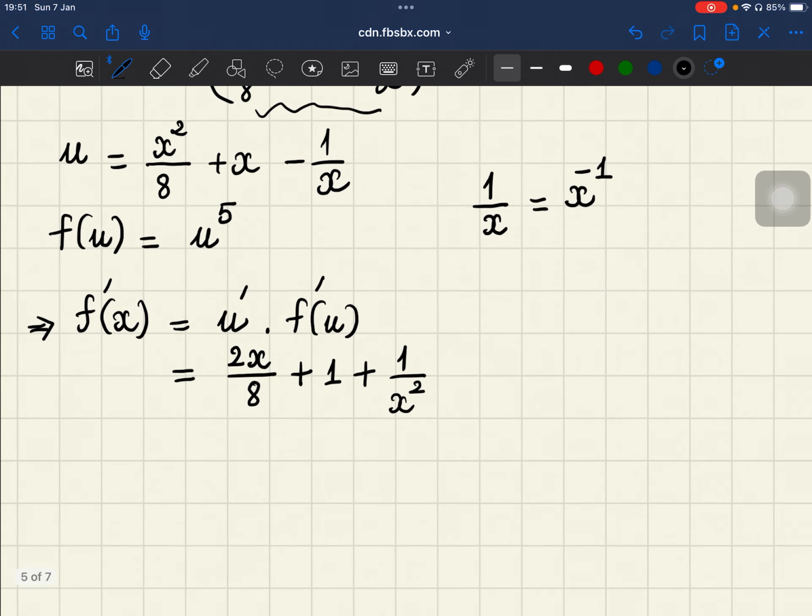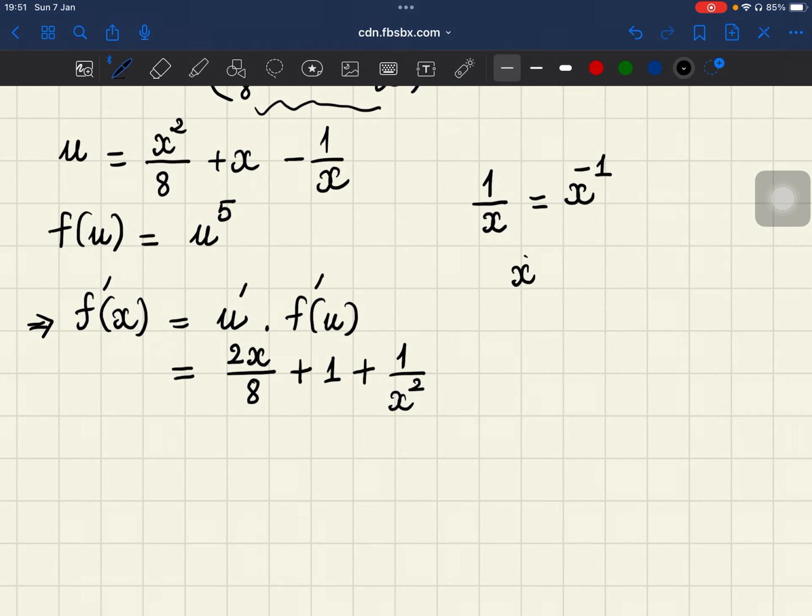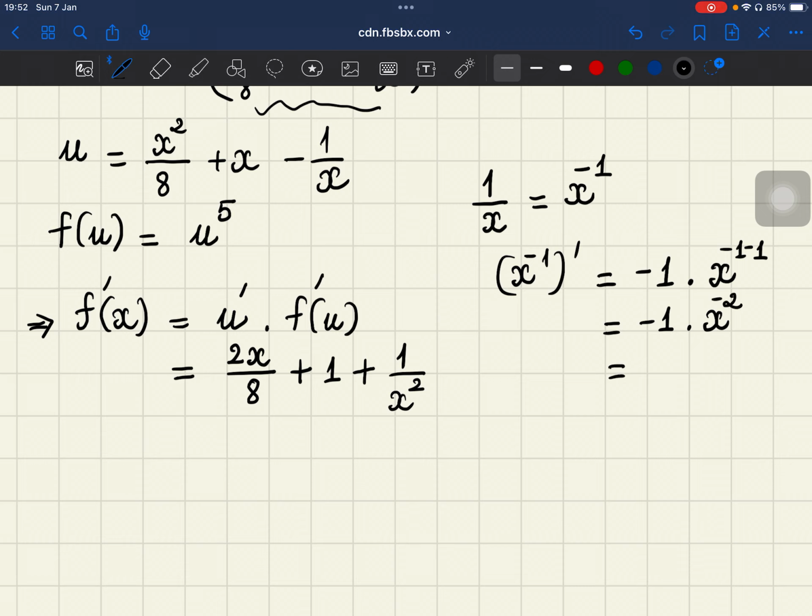So the first derivative of this is negative 1 multiplied by x to the power negative 1 minus 1, right? So we have negative 1 multiplied by x to the power negative 2, and it's equal to negative 1 over x squared.